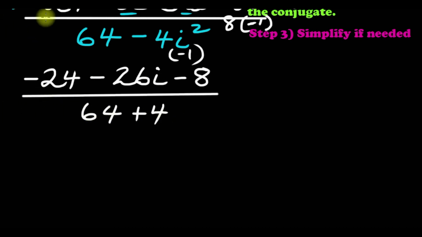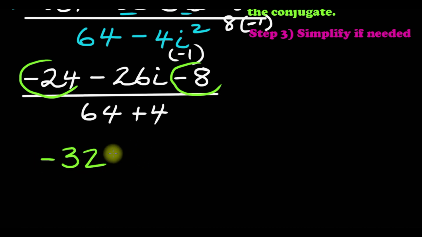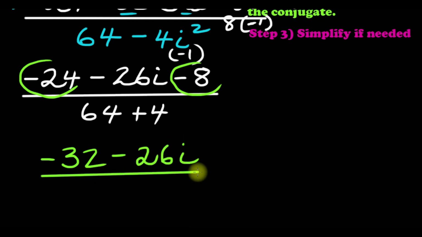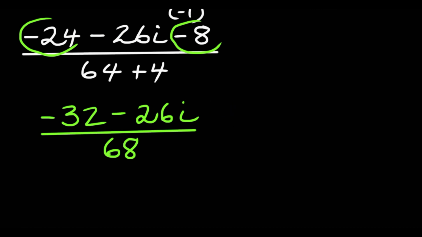So to finish this up, negative 24 goes with negative 8. That's going to give you negative 32 minus 26i. And that whole thing is going to be all over 68. So can we reduce it? Let's see.